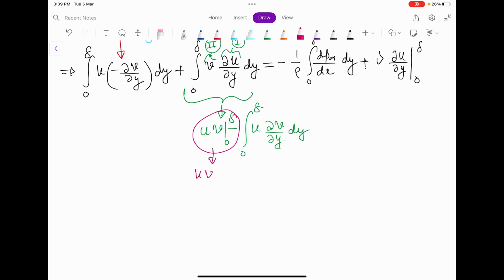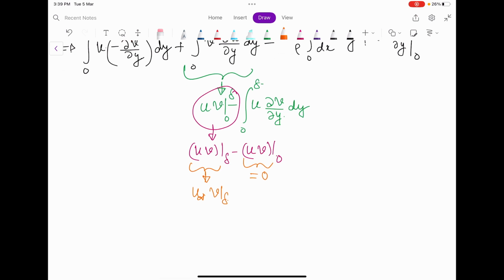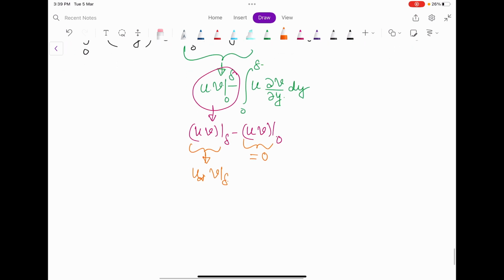This will be u v at delta minus u v at 0. At 0 both u and v are 0. U is 0 because of no slip, v is 0 because of no penetration. So this is equal to 0. Now this will be u infinity, because u at delta is u infinity, into v at delta. Okay, so how can you find this v of delta?